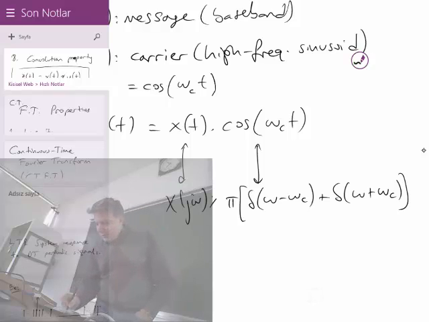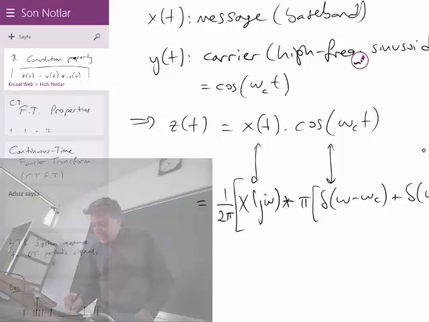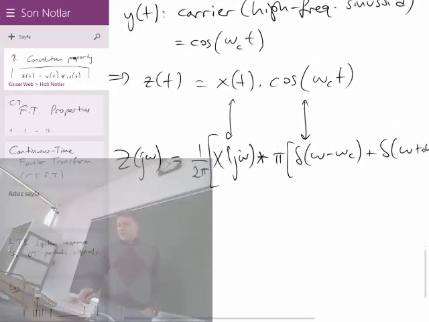Now I need to convolve them and multiply by 1 over 2 pi to say that this is the Fourier transform of my input. So there is a 1 over 2 pi term here, and there is a pi term for the impulses.